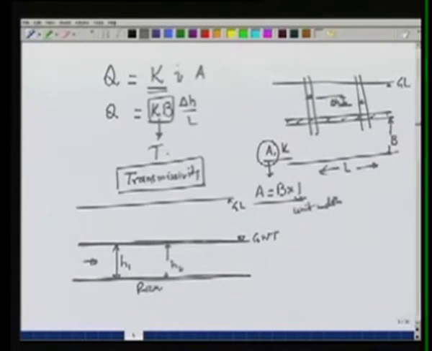So in order to find out how much flow can occur through the aquifer for a given difference of head, we use Darcy's law, and then we use Darcy's law to get the continuity equation, which tells us a mass balance over a certain element.